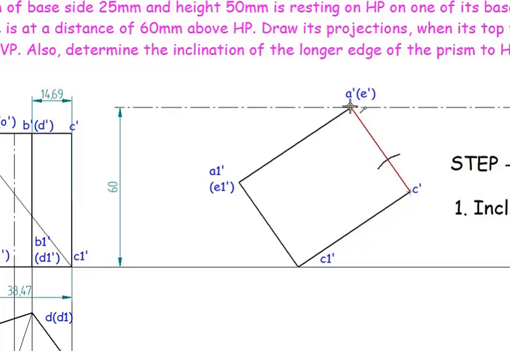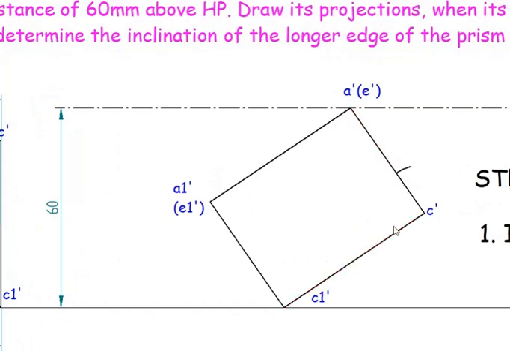Don't cut it from here. We have taken the distance from C dash, so you're going to cut it from C dash itself. Now you can make use of a roller scale and draw parallel lines, or else in the same way you can cut an arc at the bottom and draw the line.